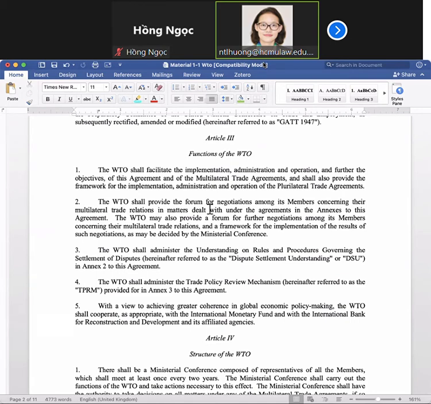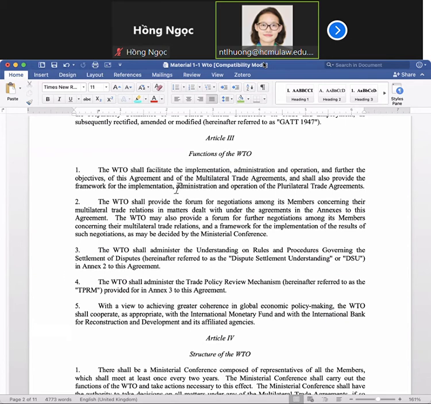Here, when you read through Article 3, you may not see any words regarding developing countries. But I would love to share about the developing country role inside the system. The WTO is designed for all kinds of countries around the world, whether developed or developing. I know you may know later that the system was designed by well-developed countries around the world, by the US and the UK and so on.